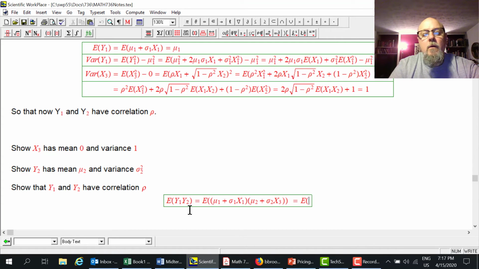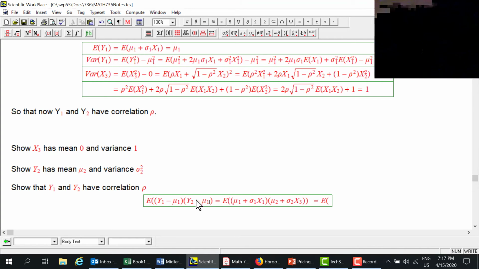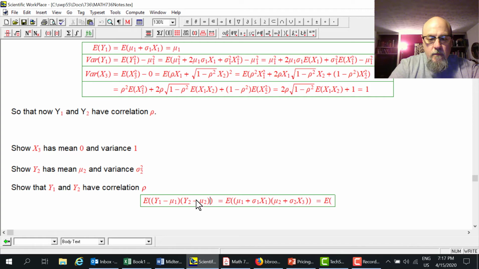We want to know the expected value of the product of their differences from the mean.